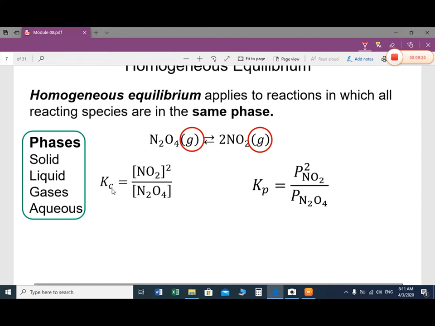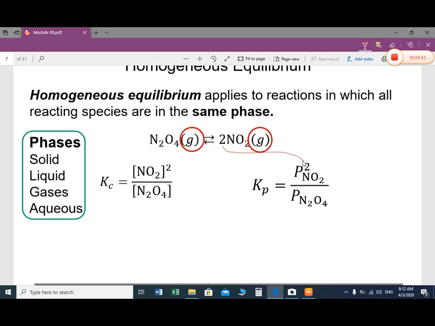This C is for concentration, Kc. And when we calculate the equilibrium constant in terms of pressure, we write the equation like this: pressure of nitrogen dioxide with a square. Again, I would like to mention the 2. This 2 becomes the power, the square.